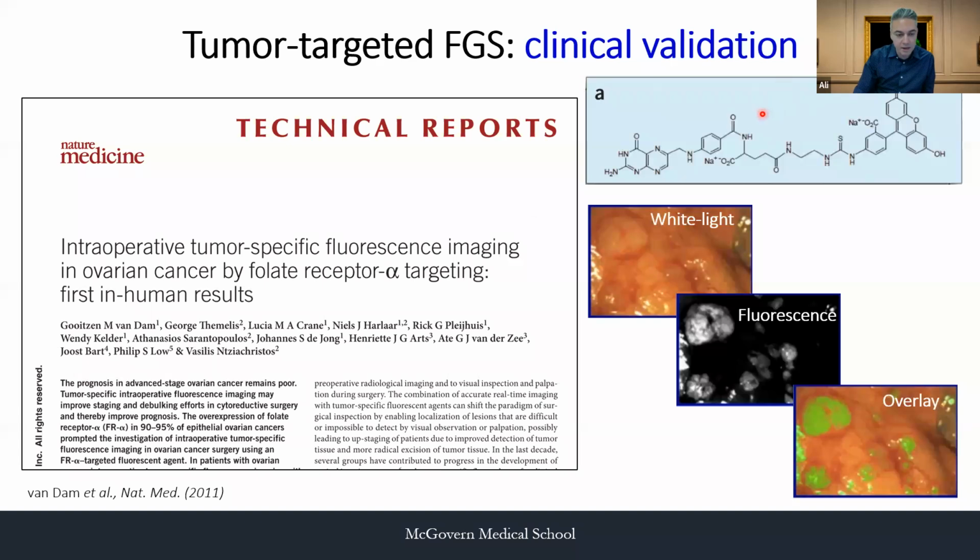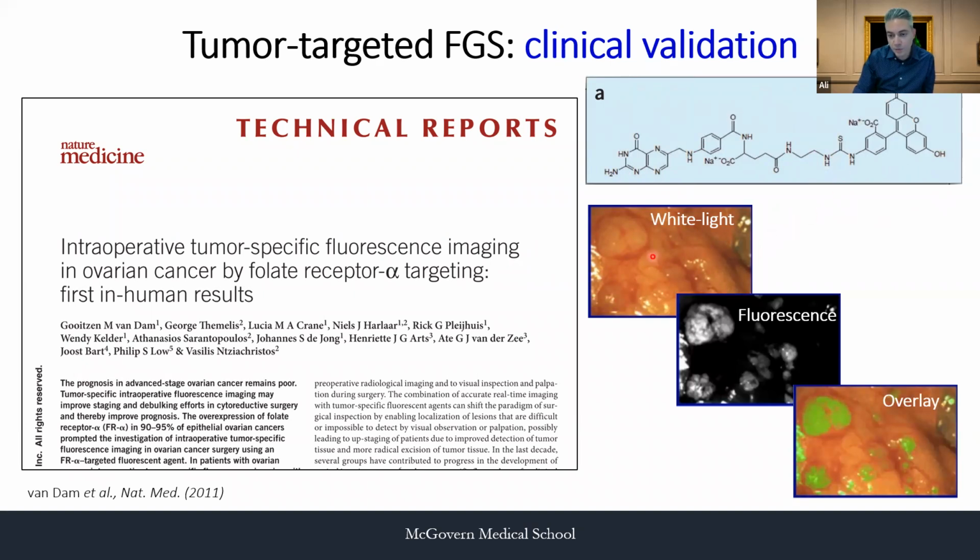Whereas with this molecule, developed in the laboratory of Phil Lau at Purdue University, Phil had attached the commonly used fluorophore FITC to a folic acid molecule, a very simple conjugation. The principle was that these ovarian cancers overexpress the folate receptors, so you can get binding, receptor-mediated internalization, and a nice concentration of this fluorescent signal.